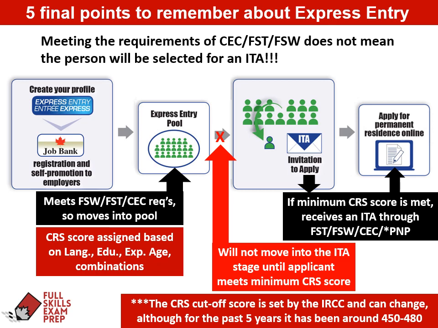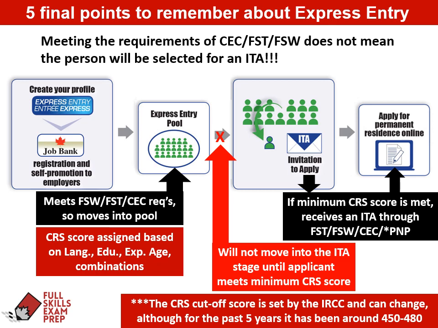So the CIC sets that score. Now in real life, it's been at about 450 to 480 points for the past year. Now if a person doesn't have above that, doesn't receive a job offer, doesn't receive a PNP, a nomination, then they wouldn't meet those points and they wouldn't proceed to receive an invitation to apply.